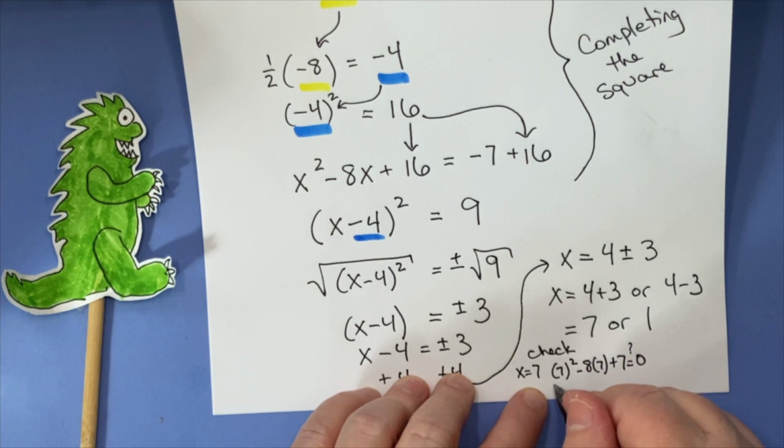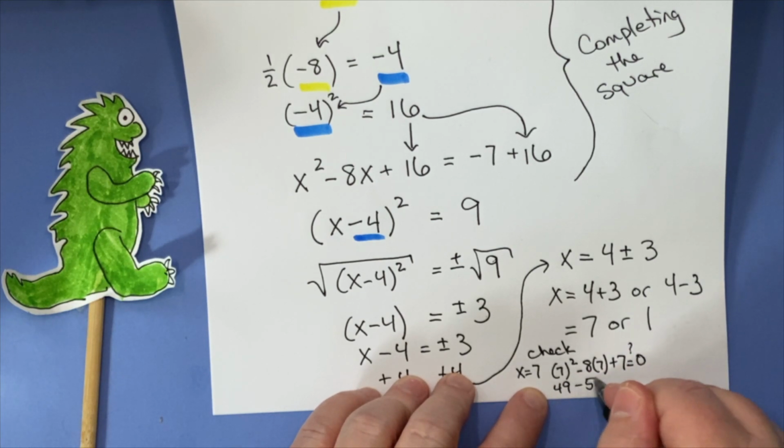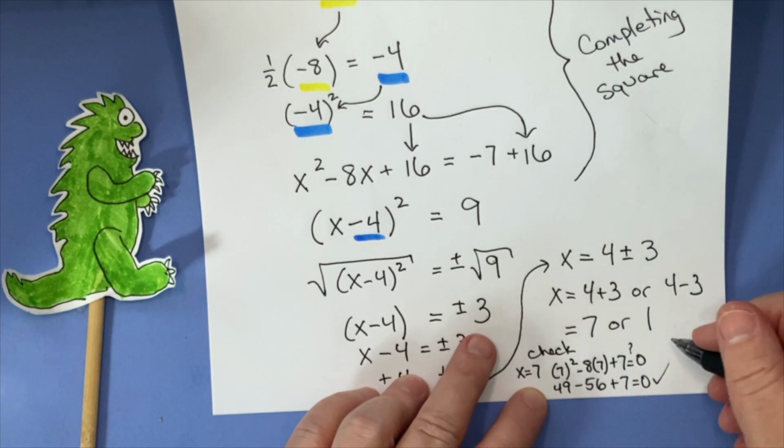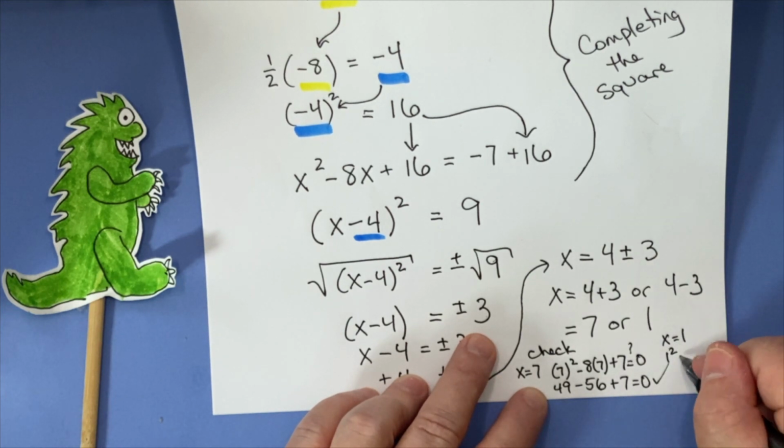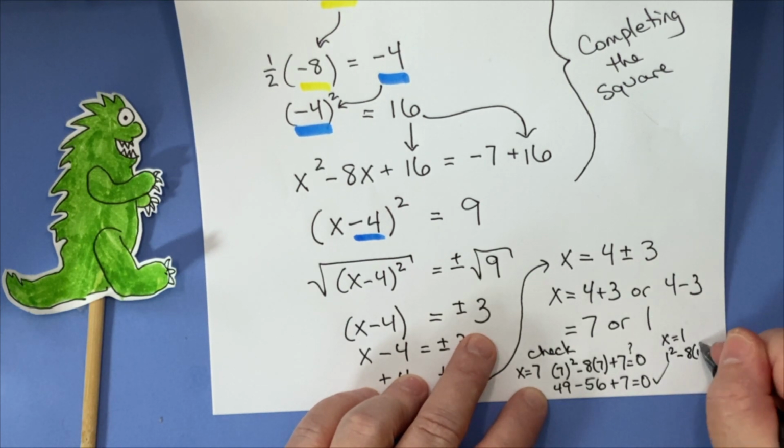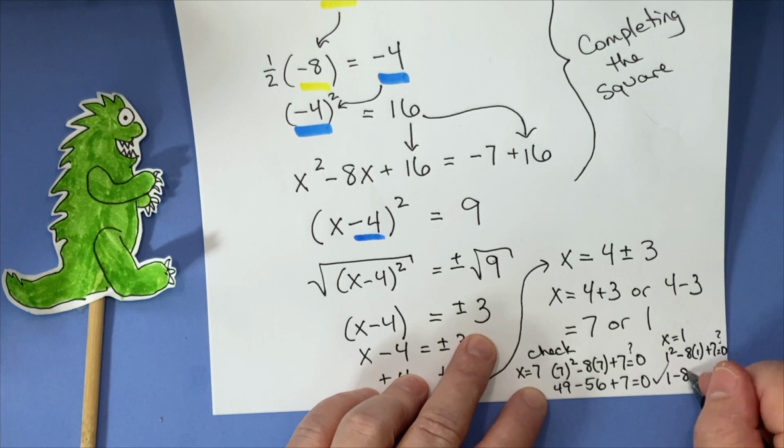We get 49 minus 56 plus 7. Yep, double check. That does give us 0. And when x equals 1, I've got 1 squared minus 8 times 1 plus 7. Does that equal 0? That's 1 minus 8 plus 7. That does equal 0. Woohoo!